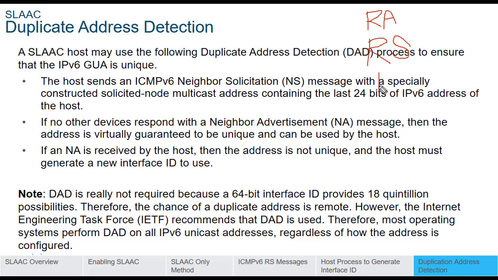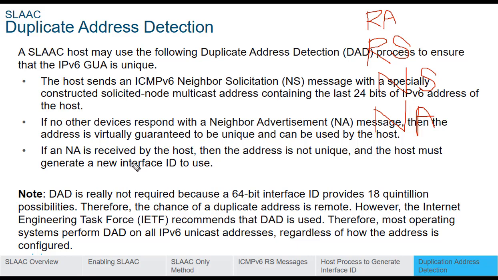It then sends a neighbor solicitation, NS message, used in the duplicate address detection process, to ensure that the last 24 bits of its IPv6 address are unique.